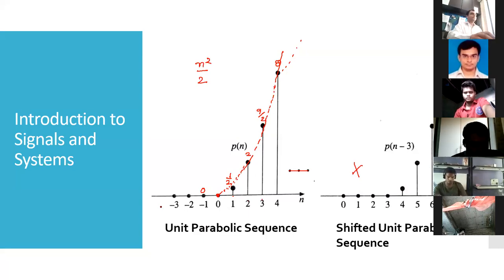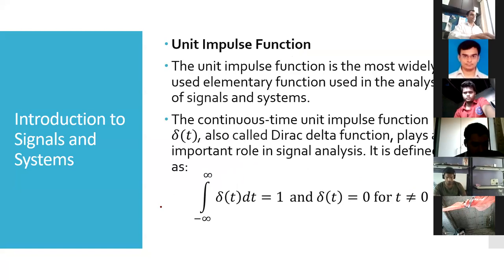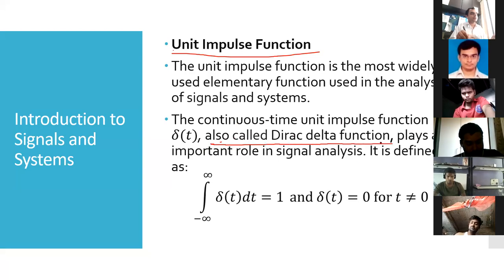Okay, done. And then we have this unit impulse function. So you are only supposed to sketch it. So don't write these theories. Anyway, it is available in the book. Fine. Okay. So the continuous time unit impulse function, also called Dirac delta function.